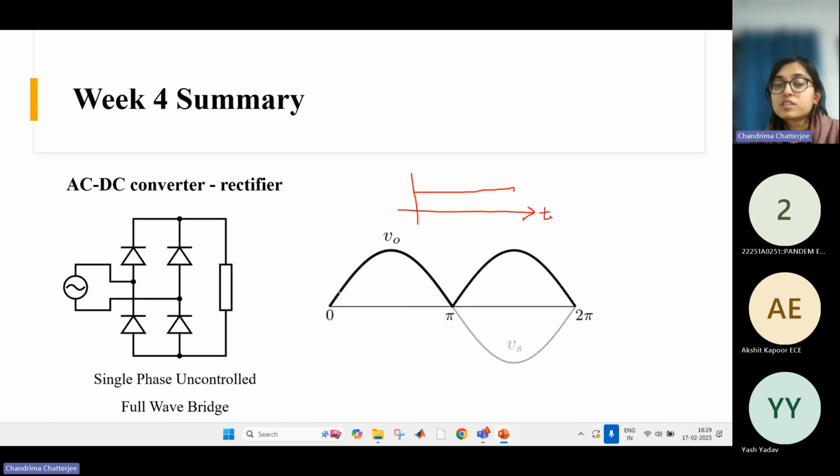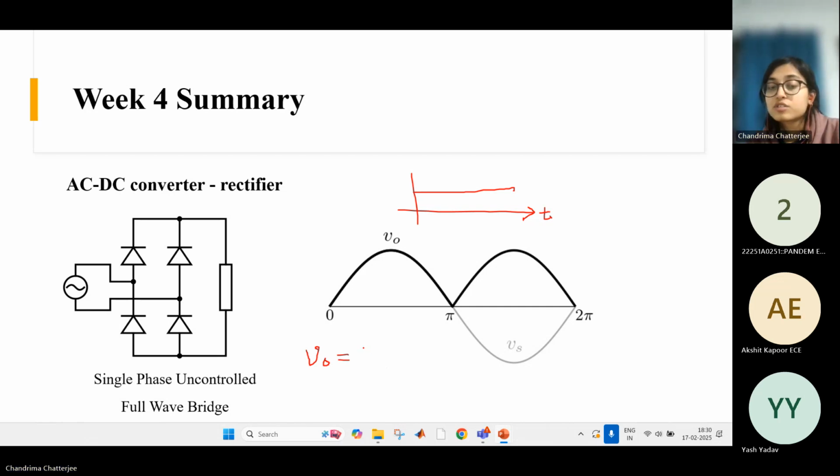Do you guys know Fourier analysis? Have you studied it? If you do the Fourier analysis of this waveform, suppose this is your V0, you will get some DC term.